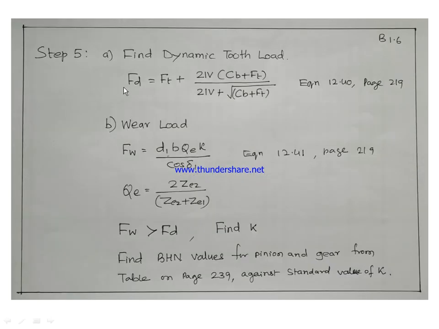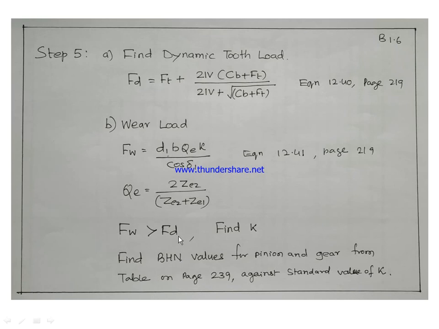Then important step is to find out the dynamic tooth load by using this equation, and wear load by using this equation, and the condition to be satisfied is wear load must be greater than the dynamic load.